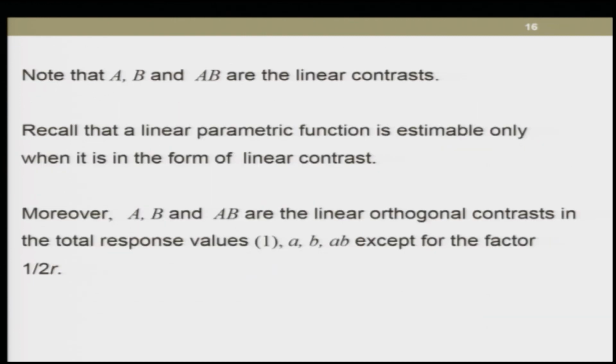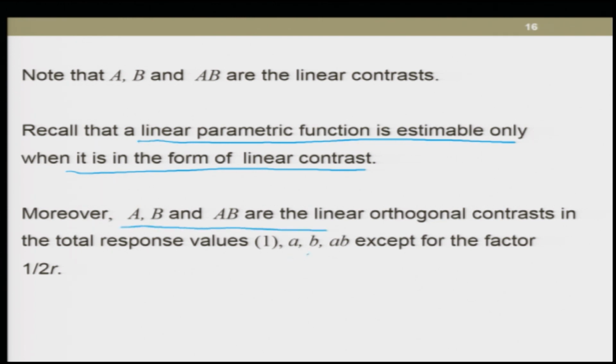You may recall that in the initial lectures we discussed that a linear parametric function is estimable only when it is in the form of a linear contrast. That is the reason this theory has evolved in such a way that A, B and AB can be represented as linear orthogonal contrasts in the total response values, which are the 4 values Y1, YA, YB and YAB.